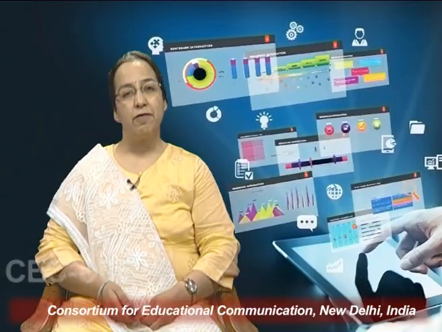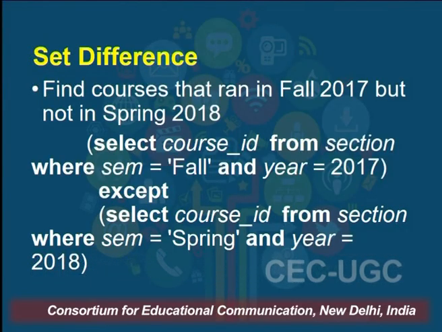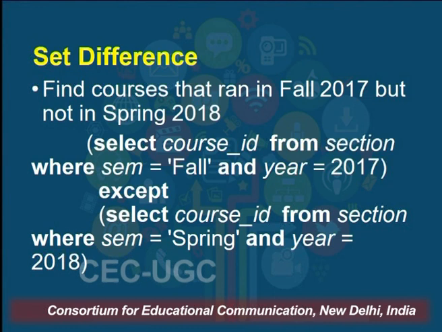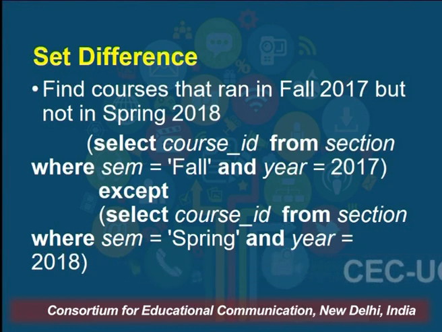So, find courses that ran in fall 2017 but not in spring 2018. Fall 2017 is the set A, minus spring 2018, which is the set B.